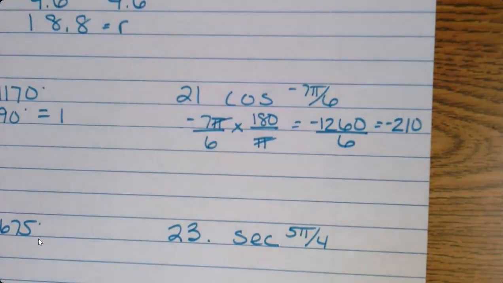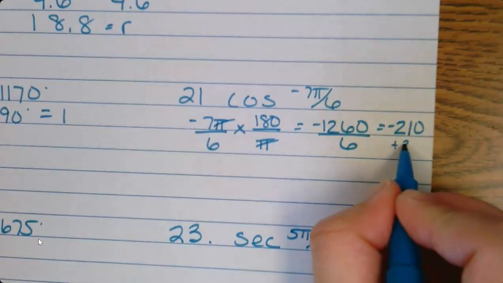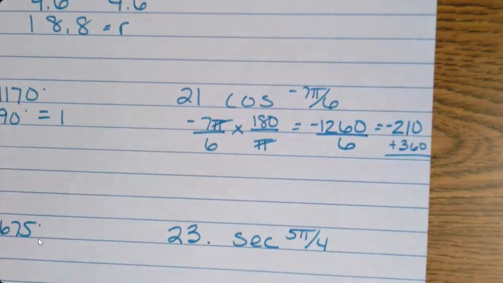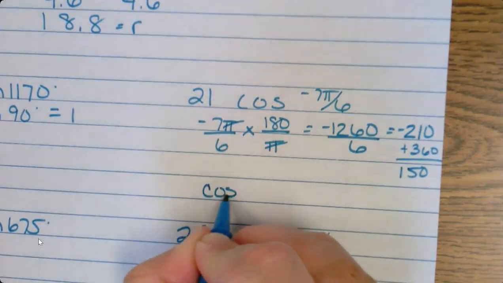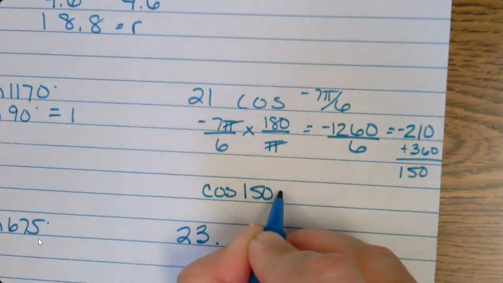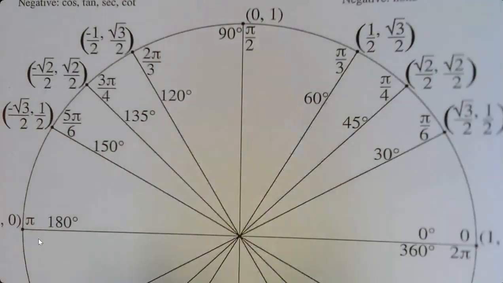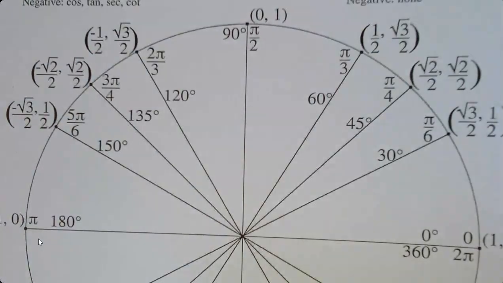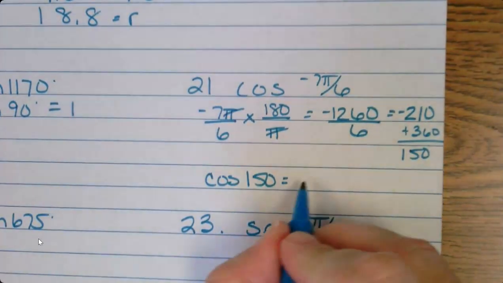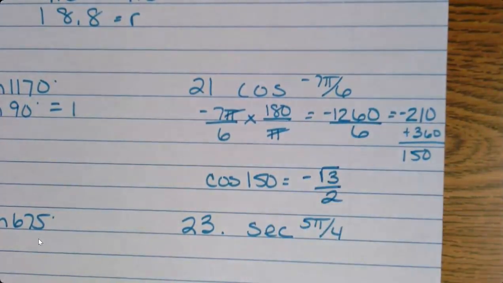Okay, so what we got to do now is add 360, and I get 150. So the question here now is, what's cosine of 150 degrees? So go to your unit circle, and it's alphabetically first. So the answer is going to be negative square root 3 over 2.